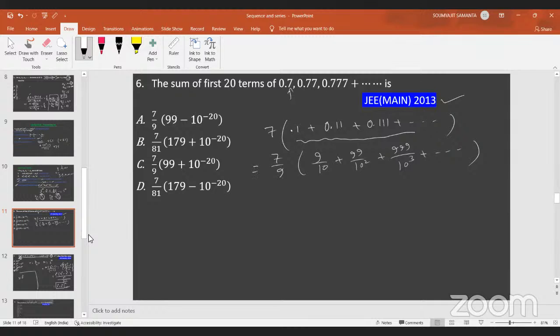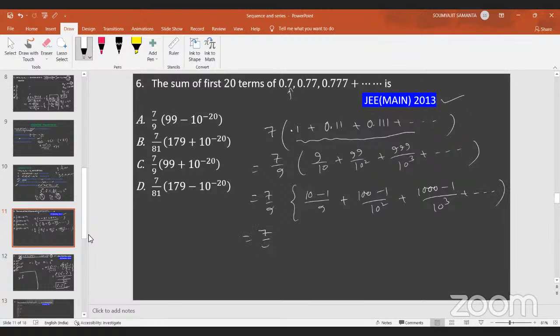So this will become 7 by 9, and each term in the bracket, 9 by 10, we can write as 10 minus 1 by 10, and this one we can write as 100 minus 1 by 10 square, and next we can write 1000 minus 1 by 10 cube, plus and so on.